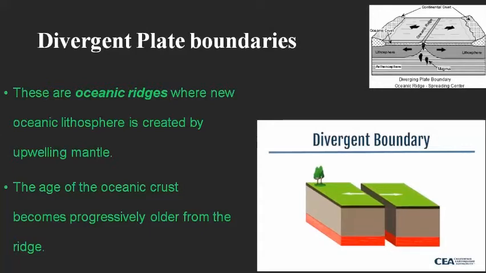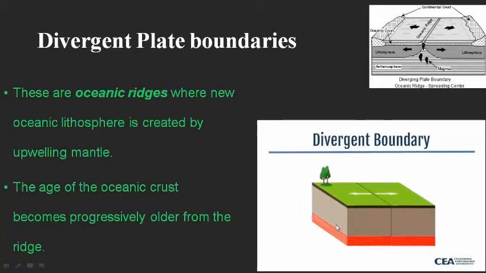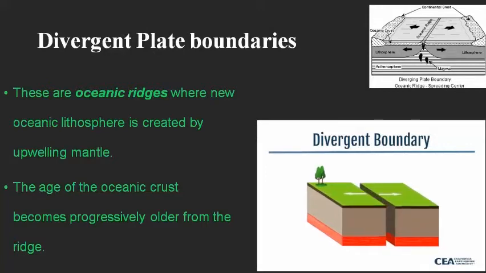As you are seeing over here, it is diverging, that is, going apart. This is also known as a constructive plate margin or constructive plate boundary, or divergent, because it is moving apart.